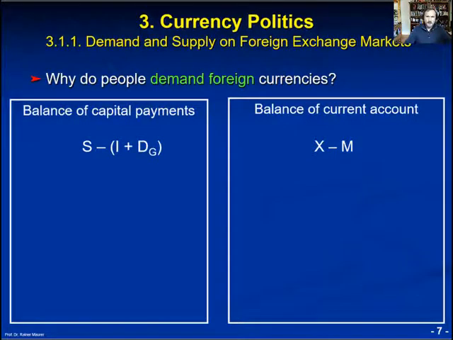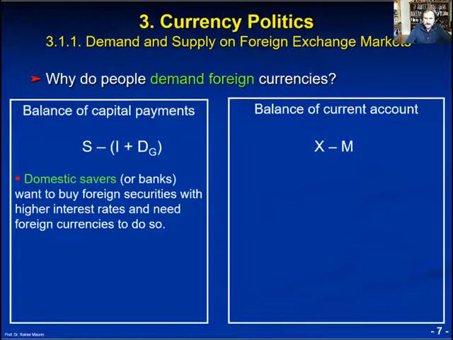Why do people demand foreign currencies? Well, all transactions recorded by the balance of payments of countries in different currency areas demand an exchange of currencies. Capital transactions typically lead to a demand for foreign currencies if domestic savers want to buy foreign securities with higher interest rates and need foreign currencies to do so.